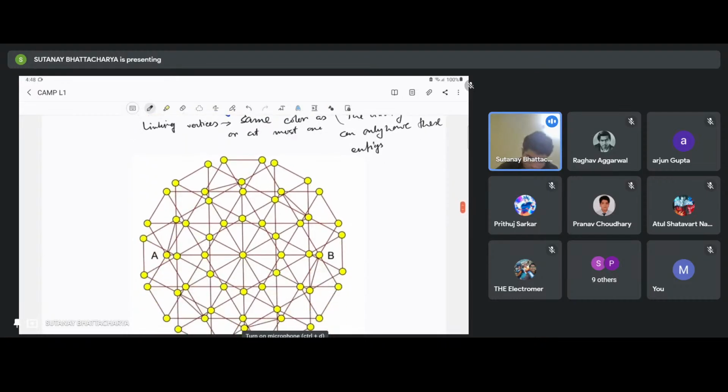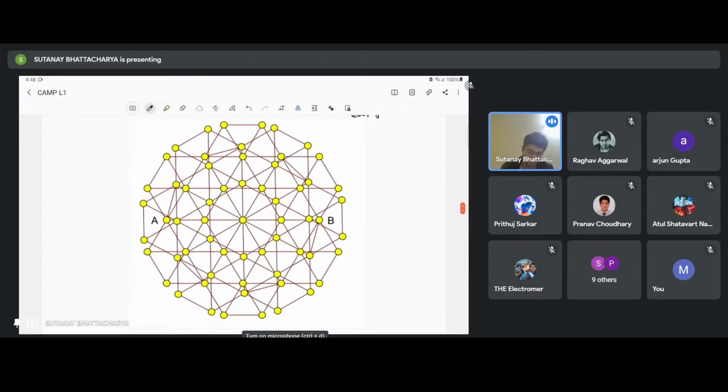So now what we are going to do is take a rotated copy of J and rotate it slightly so that the linking vertices of the new copy are exactly at a distance of 1 from the linking vertices of the old copy.